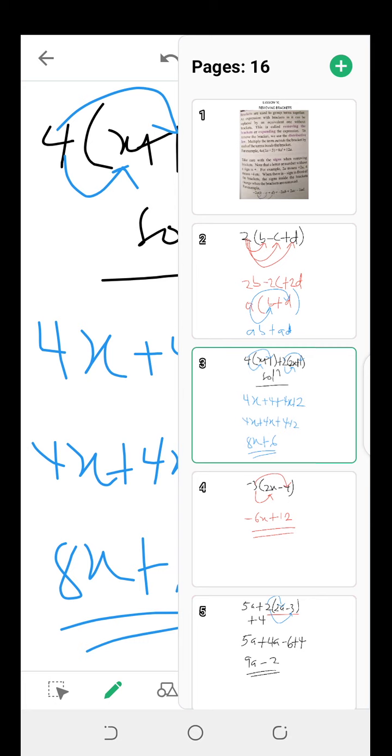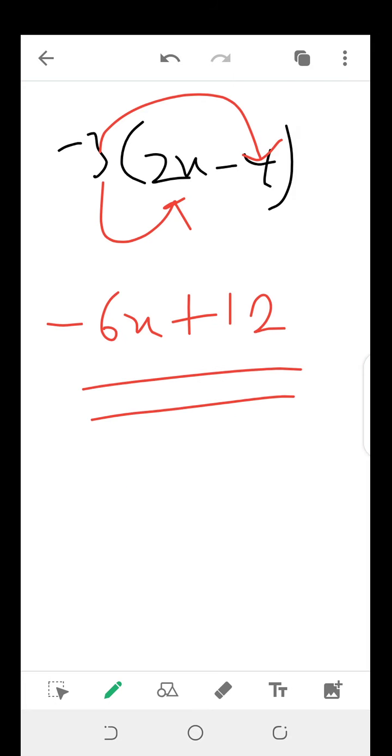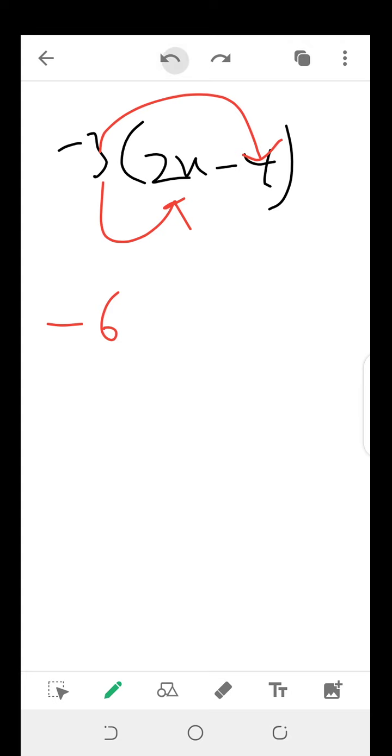Let's move on to the next question and see how we can solve it. Okay, I've solved it already, but let's all start together and see how best we can solve this one. Okay, so we have minus 3 bracket open 2x minus 4, and I told you earlier on that we must be careful of how we use negative numbers when we are expanding our brackets.